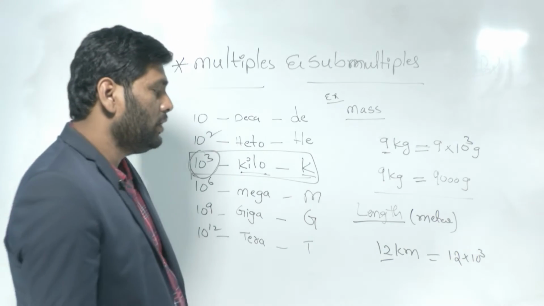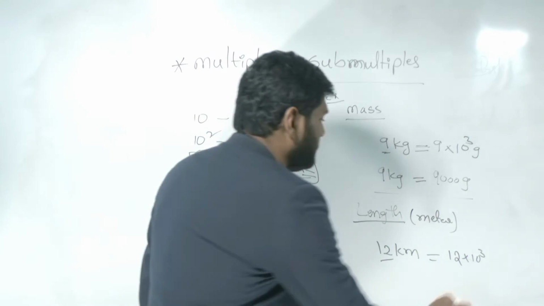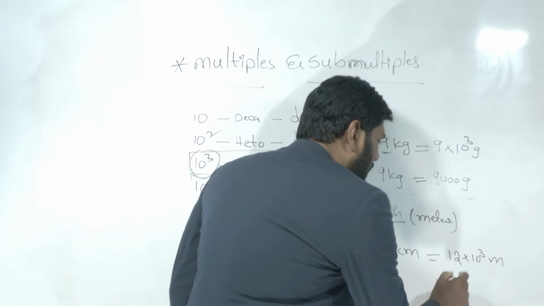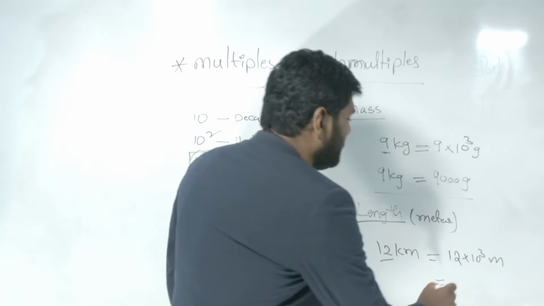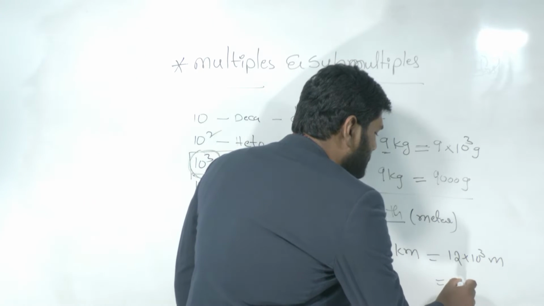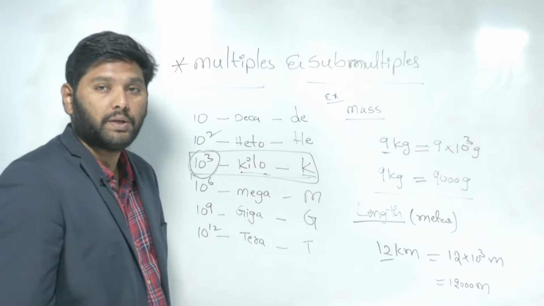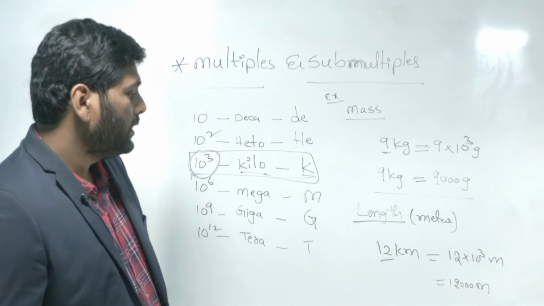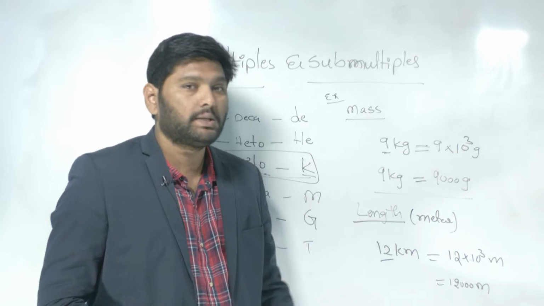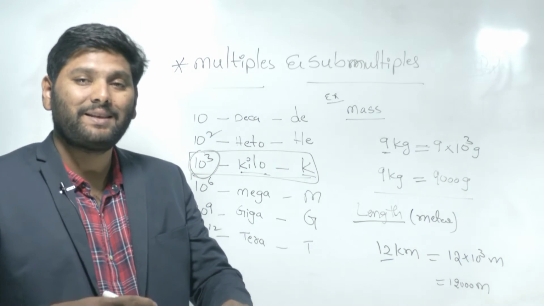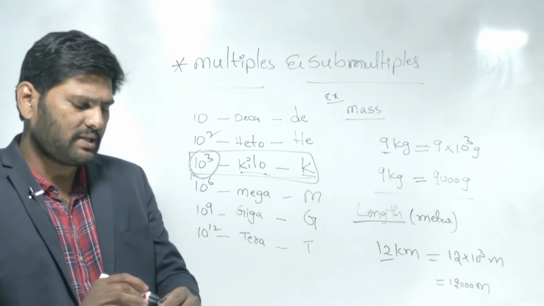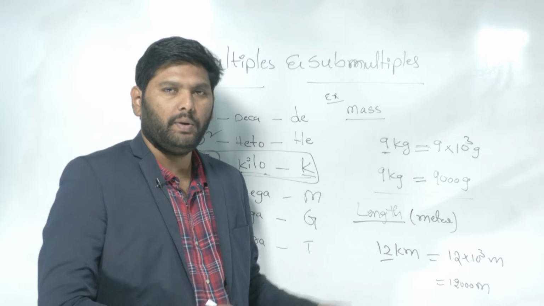Kilometer is in meters. Finally, 12 into 1000, that is 12,000 meters. Instead of expressing 12,000 meters, we simply say 12 kilometer.